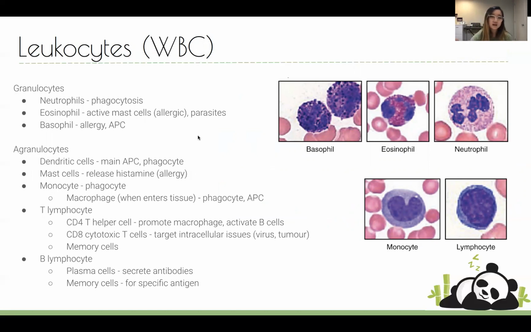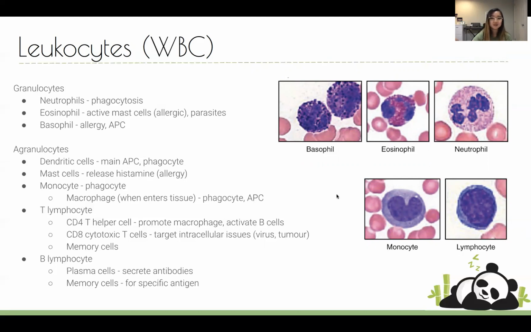Granulocytes include your neutrophils, which undergo phagocytosis, so they eat up bugs and things. Your eosinophils, which are active against mast cells and involved in the allergic reaction, as well as parasites. Basophils, also in allergy, and they also work as antigen-presenting cells. Granulocytes have granules, and that helps them destroy pathogens, essentially.